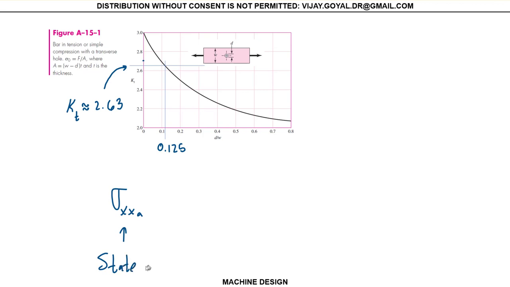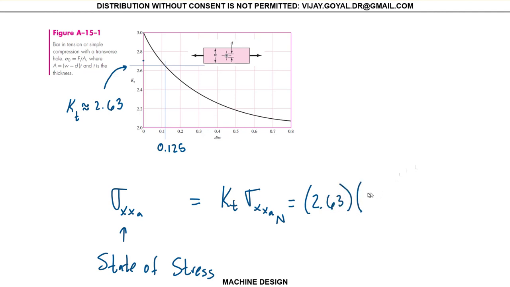This is KT times sigma axial, the nominal or theoretical, that would be 2.63 multiplied by 11.43, and that gives you a value of 30.06 KSI.